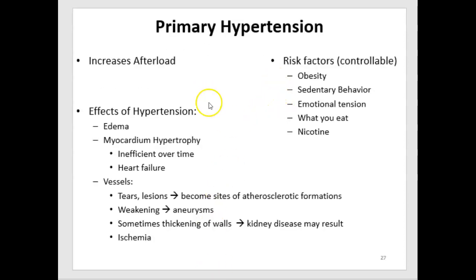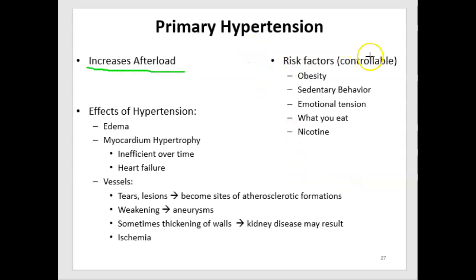Primary hypertension is due to the wall of the arteries primarily being narrowed or thickened, and that increases afterload, so the heart has to work hard.